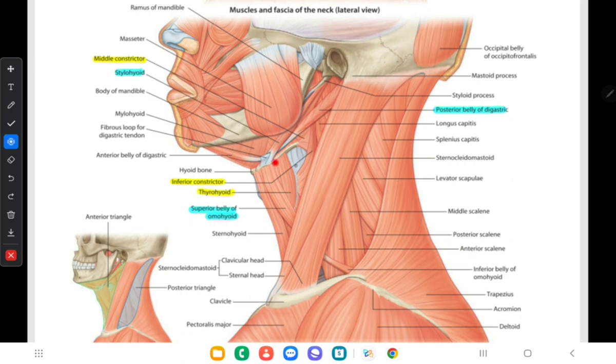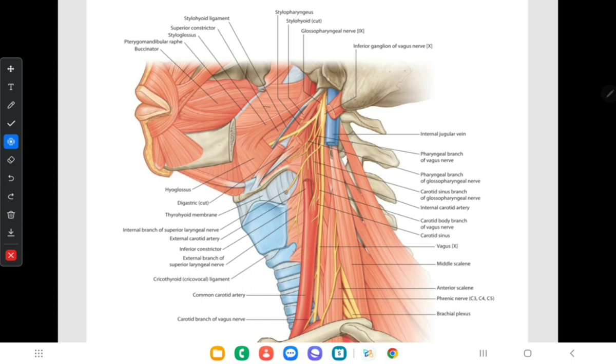This is the floor of the carotid triangle: anteriorly thyrohyoid and hyoglossus muscles, posteriorly inferior constrictor and middle constrictor muscle. Then the roof of the carotid triangle consists of skin, then the superficial fascia with platysma muscle, and then the investing layer of the deep fascia of the neck.